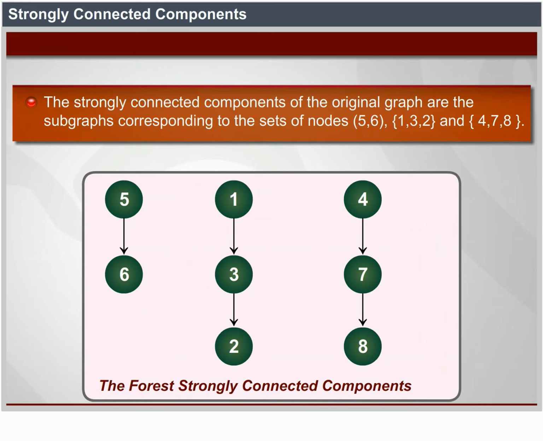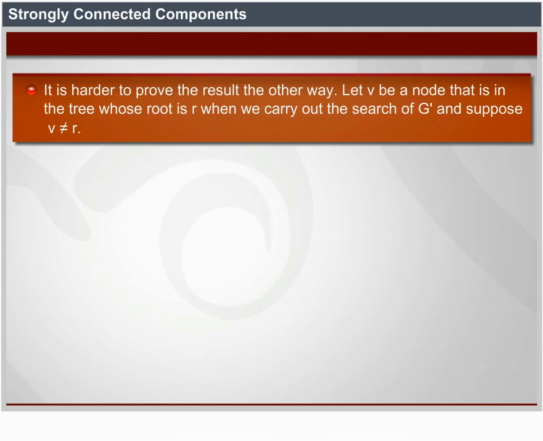Let V be a node in the tree whose root is R when we carry out the search of G', and suppose V does not equal R. This implies that there exists a path from R to V in G'.